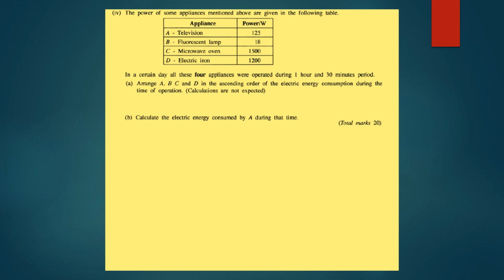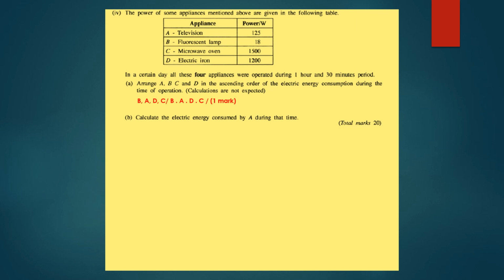A. Arrange A, B, C and D in the ascending order of the electric energy consumption during the time of operation. Calculations are not expected. So minimum power is 18, that is B, then 125 A, then 1200 D, then microwave oven 1500 C. So the answer is BADC.